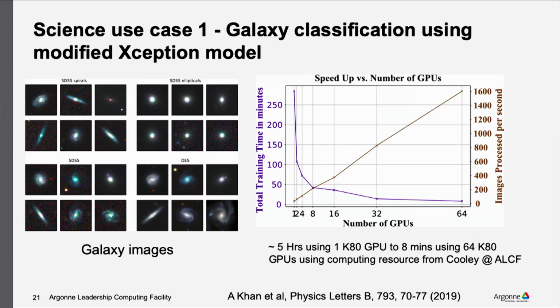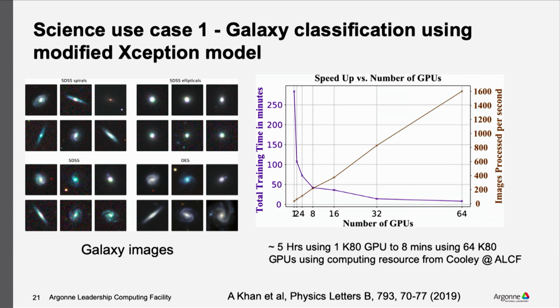And these are some examples. This is a cosmology project. We use a deep neural network to classify galaxy images. There are two types of galaxies, elliptical and spiral.